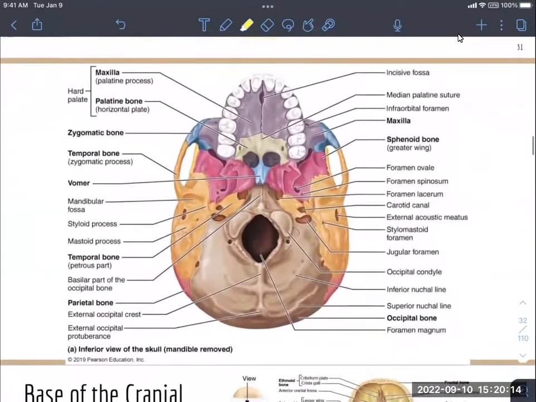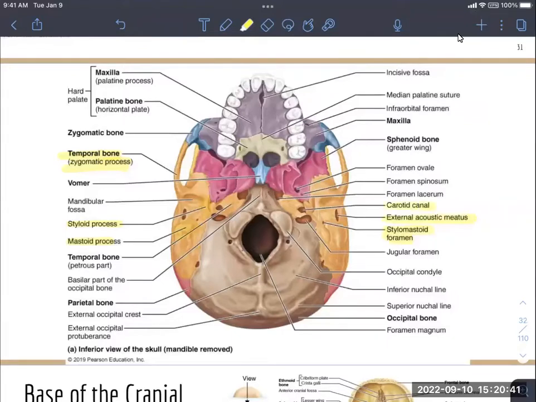Here's an underside. You can still see that temporal bone with the zygomatic process. You see that styloid process over here, this mastoid process behind it. Here you see the stylomastoid foramen, external acoustic meatus. You see that carotid canal.